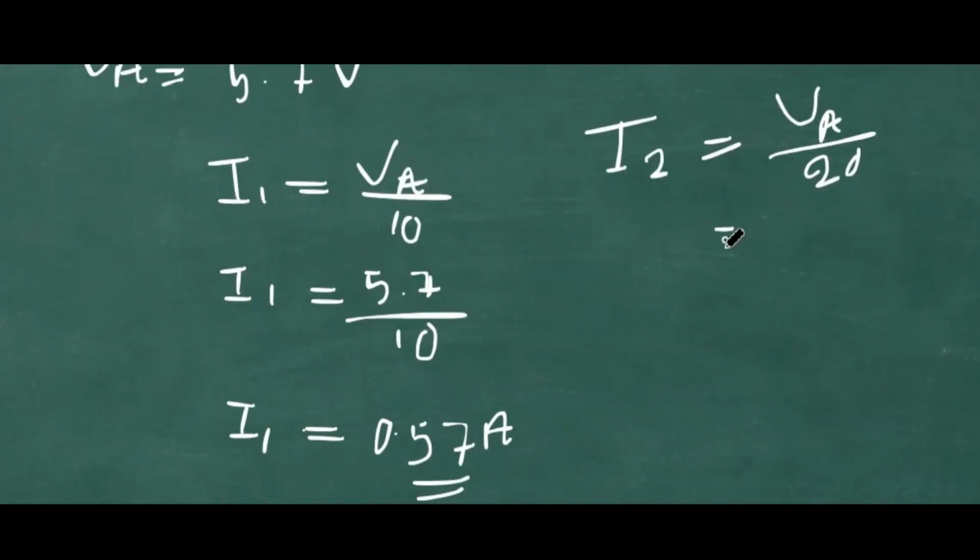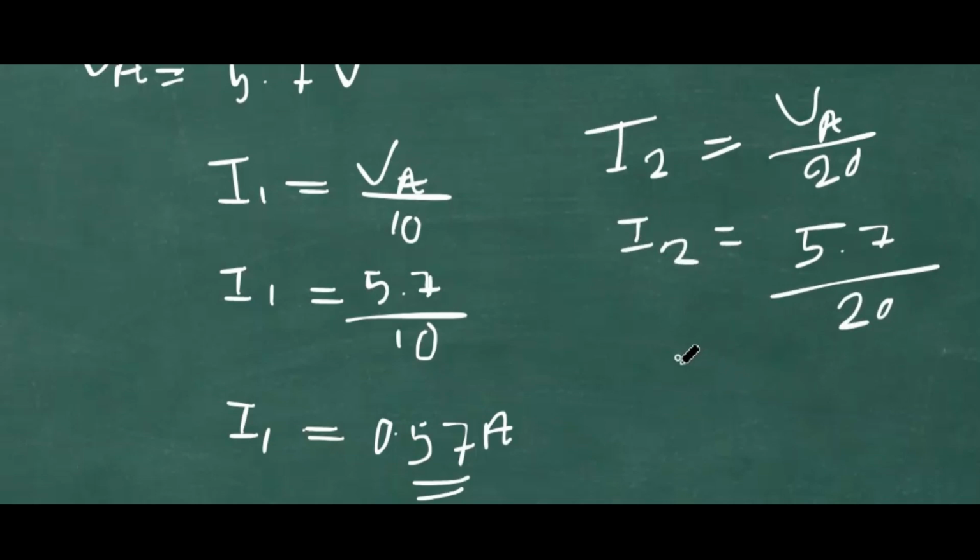We already know the VA value is 5.7 volts, so I2 is equal to 5.7 divided by 20, which means 0.285 amperes.